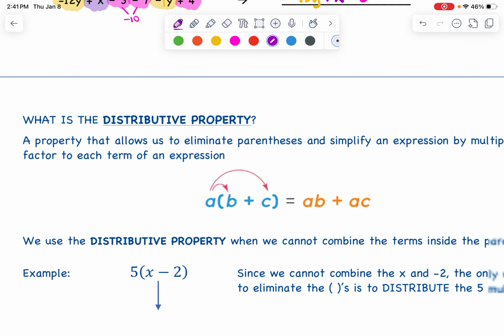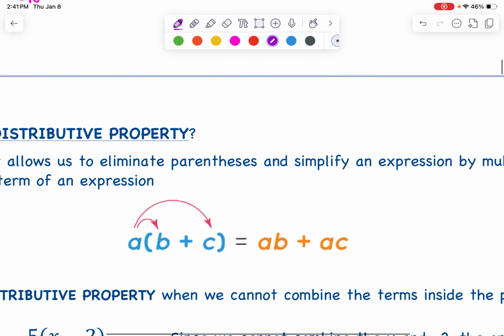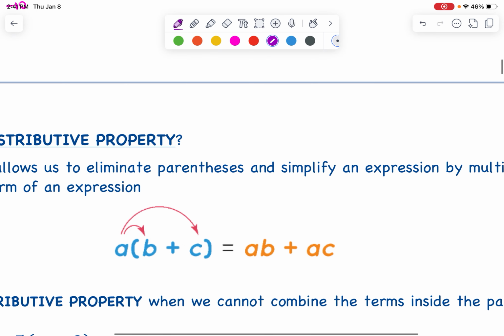All right, now I just want to have a quick conversation with you. I hope you remember from day 1 that there's a difference between PEMDAS parentheses and multiplier parentheses. So for example, 2 plus 3 times, I'm just going to make some small numbers here, 4 plus 1.